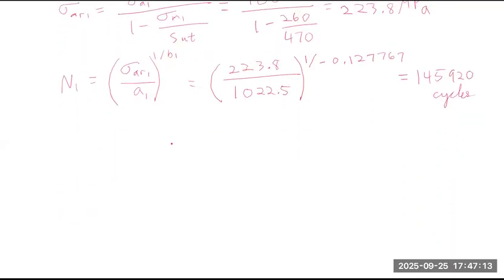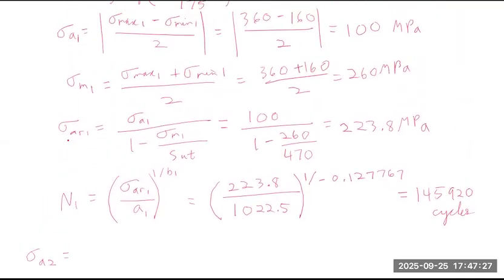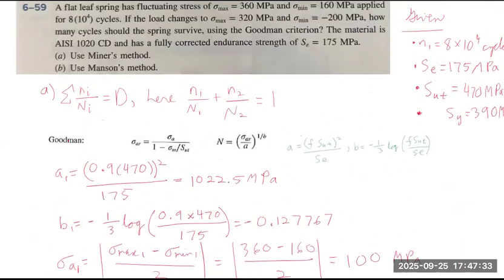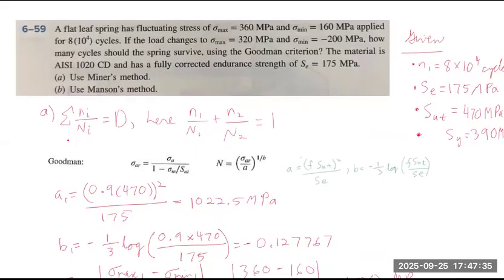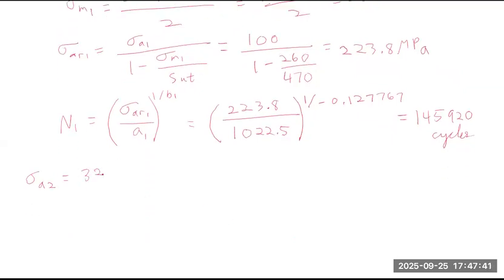All right, so for our second loading, first of all, sigma A2 is equal to sigma max 2 minus sigma min 2 over 2, which is equal to 320 minus negative 200 over 2, absolute value.